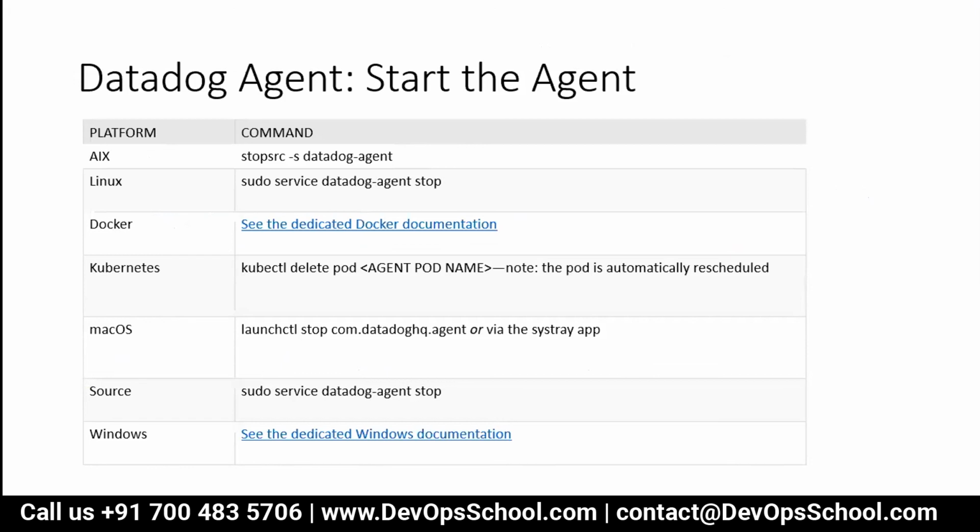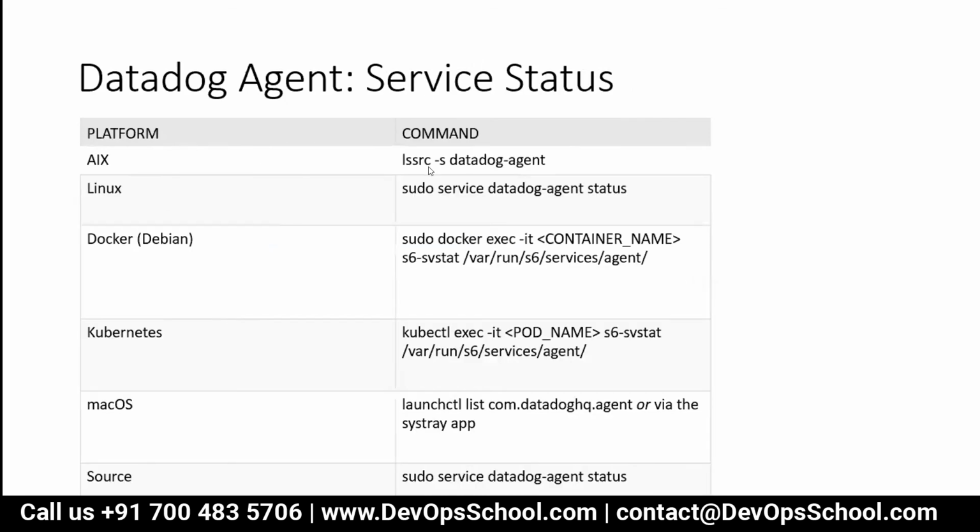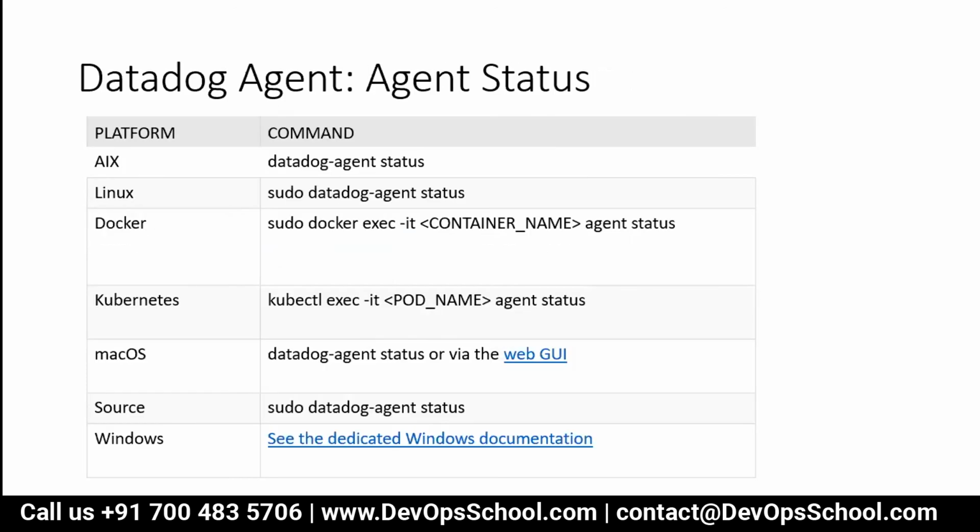It's not always that the service command will work. In CentOS, systemctl will also work. Docker, Kubernetes, macOS, sources, Windows, all these we have. Stop commands, we have them. Service status command, how do I check it? All these things I'll help you with.